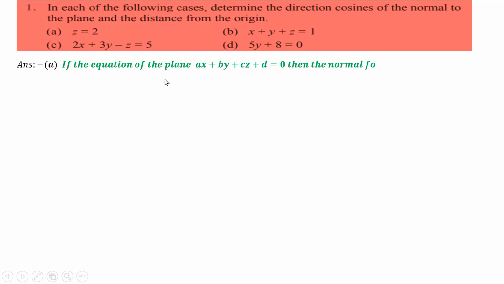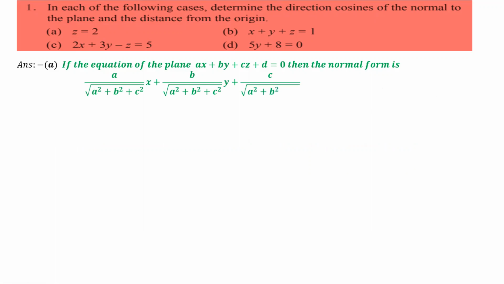That is, if any form in the equation of the plane is given ax plus by plus cz plus d equals to 0, then we can easily establish the normal form. In the previous class we already talked about the normal form. So what do we have to do?